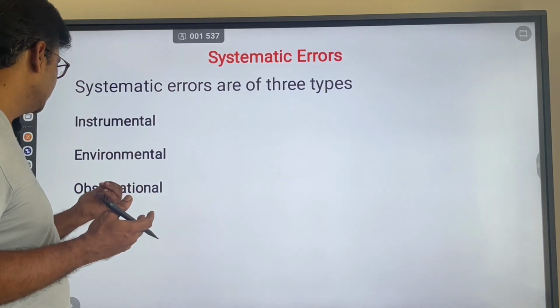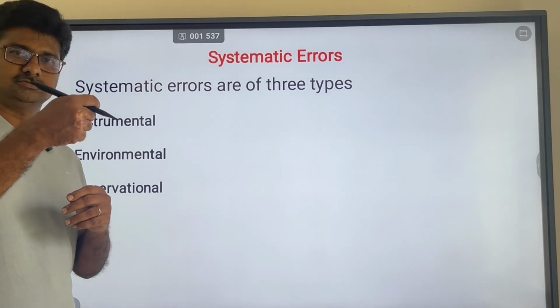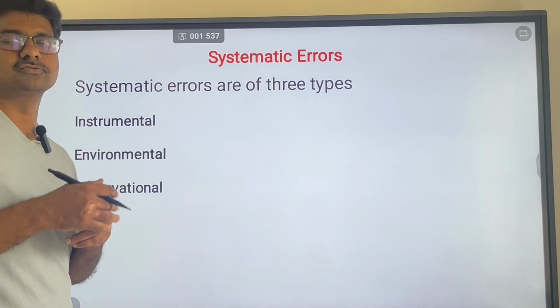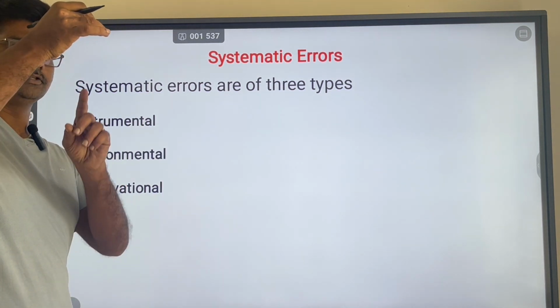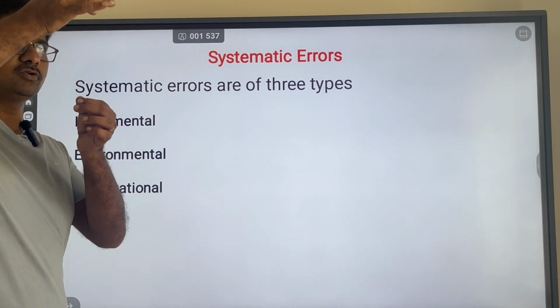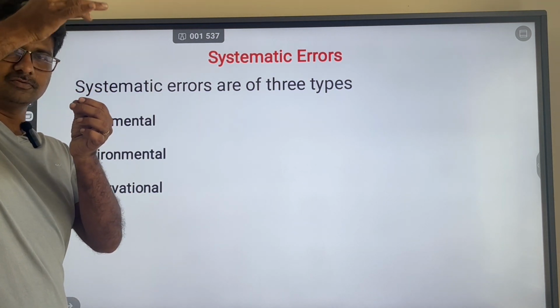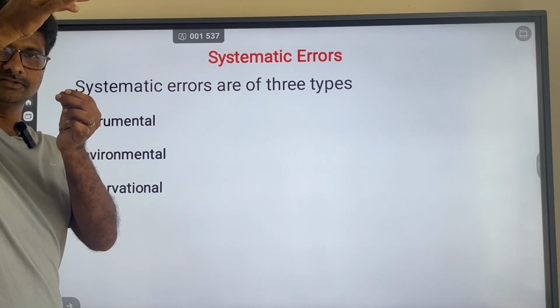So that is one, and observational. The way you observe, the way you see the reading, is also important. For example, you take a simple glass thermometer. We want to see the black line, the mercury line. You have to see it exactly, keeping it vertical.